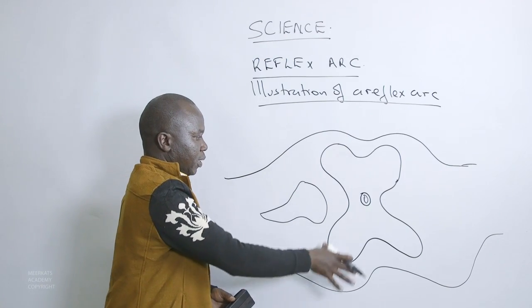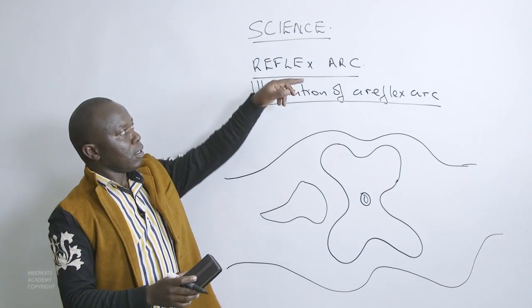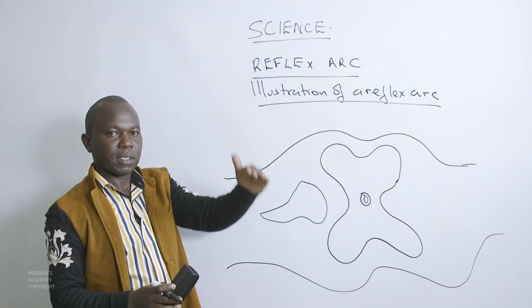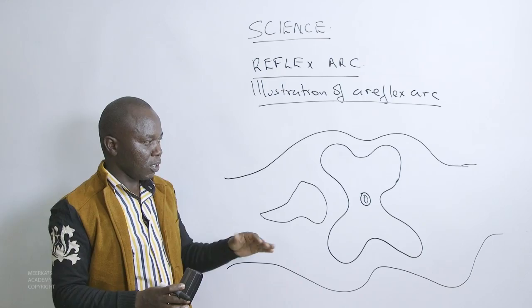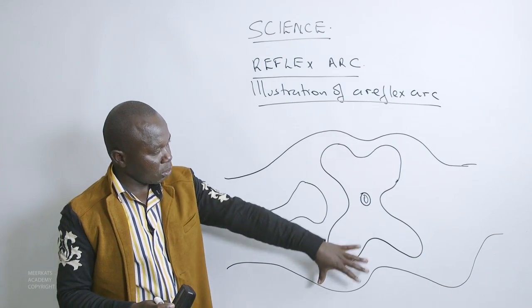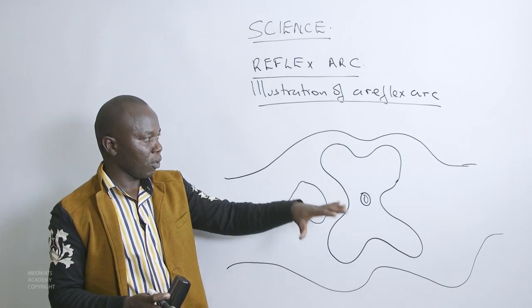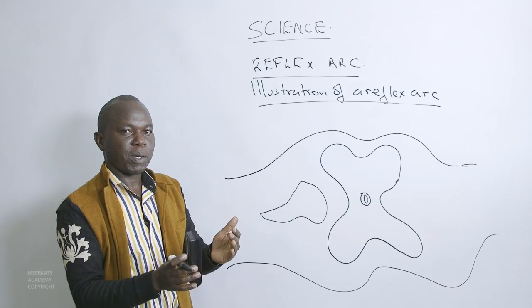So this is our major area. So in the spinal cord, and before I move further, reflex action mainly takes place in the lower part of the brain or the spinal cord. So this is a cross-section of the spinal cord.